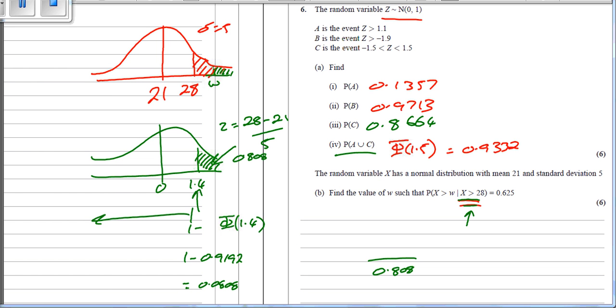So the probability of x being greater than w, out of 0.0808, equals 0.625. So now what we're going to do is work out the probability of x being greater than w.